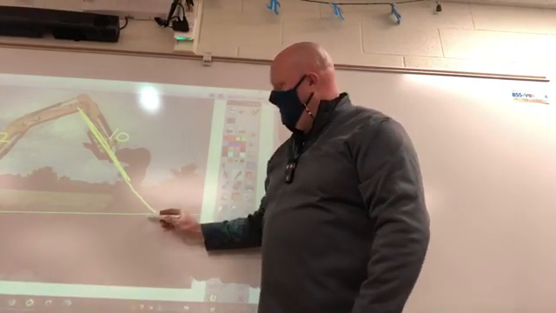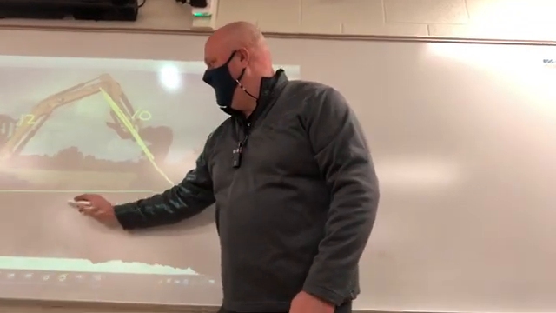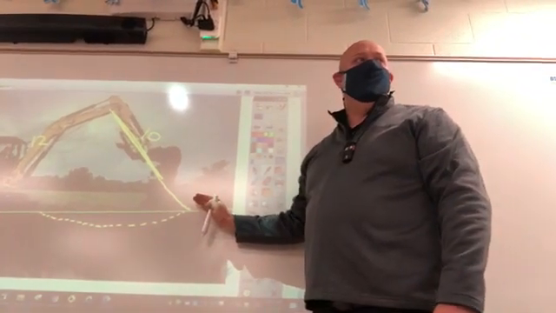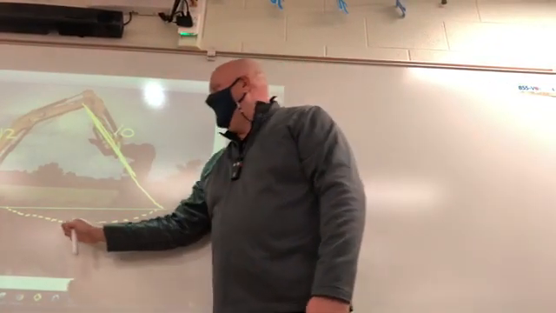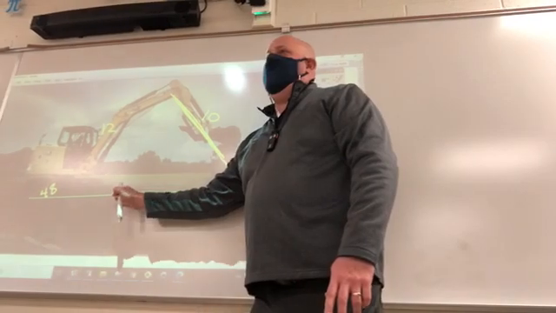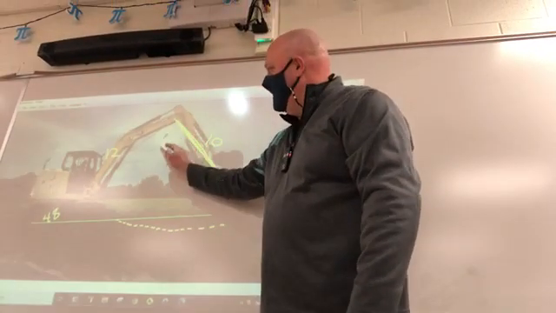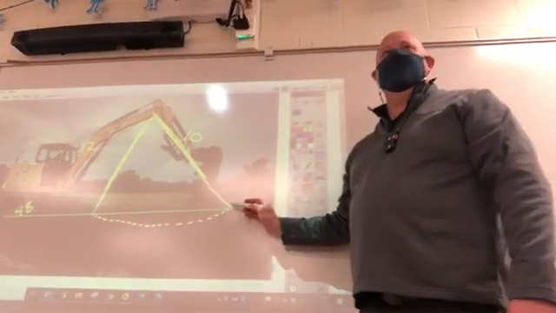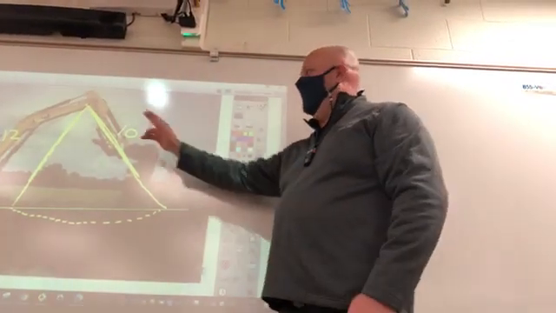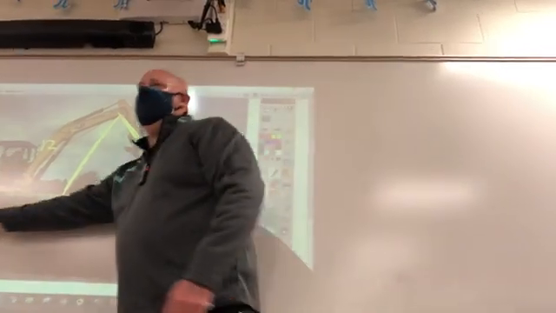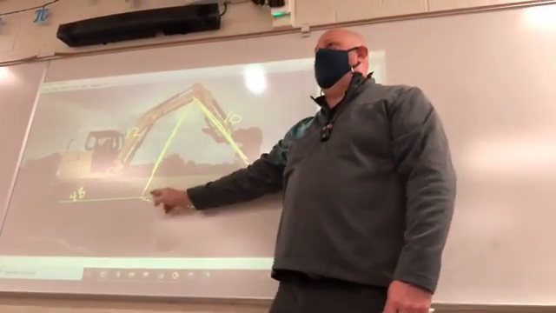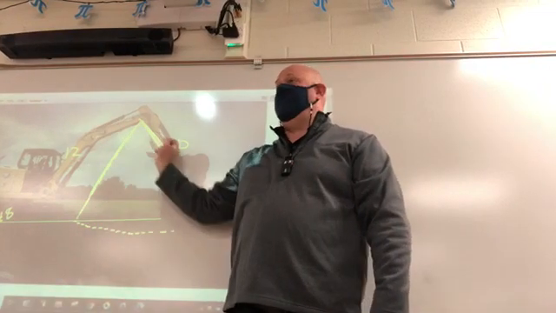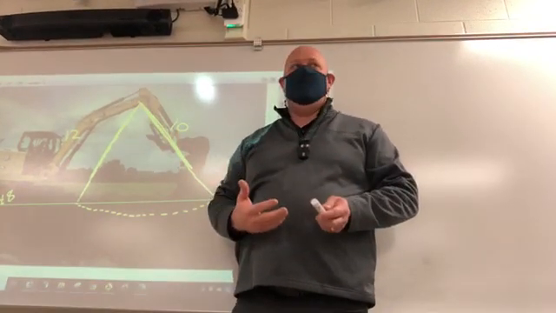And then as it starts to rotate, it hits the ground, creates one triangle, goes underground a little bit, and then as it's starting to come back out of the ground, that would be the same distance as this. Does that make sense? So now I have one triangle out here and one triangle in here. Those two triangles would have the same three measurements, but would be completely different triangles.